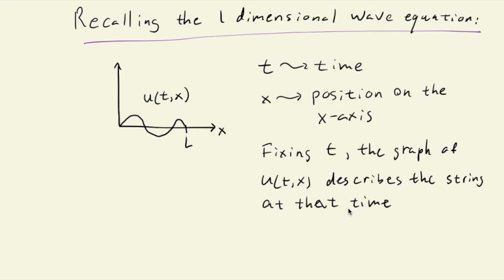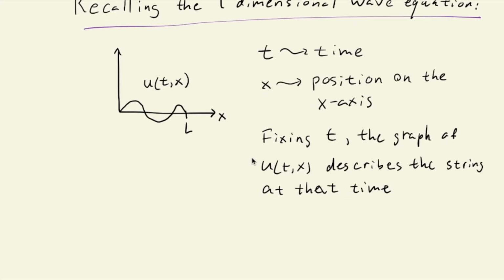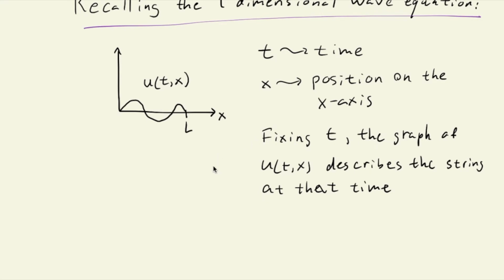We talked about the physics of this problem, and we saw that this function u(t,x) had to satisfy a partial differential equation, which we call the wave equation. I'm going to call it the 1D wave equation, one-dimensional.